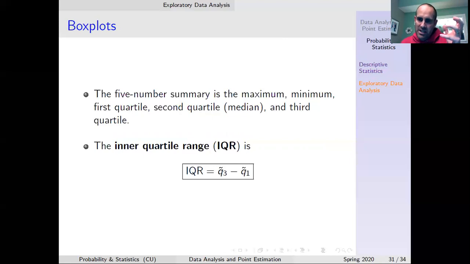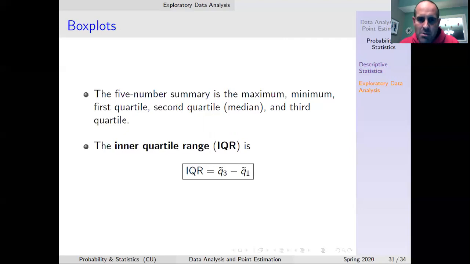A histogram is really nice, but oftentimes it takes a fair amount of work to generate it. We saw that with a stem and leaf diagram you can quickly get the information that you need. You can even compare two data sets very quickly and look at their distributions and decide certain things based on those two comparative distributions. This is another way to do that.